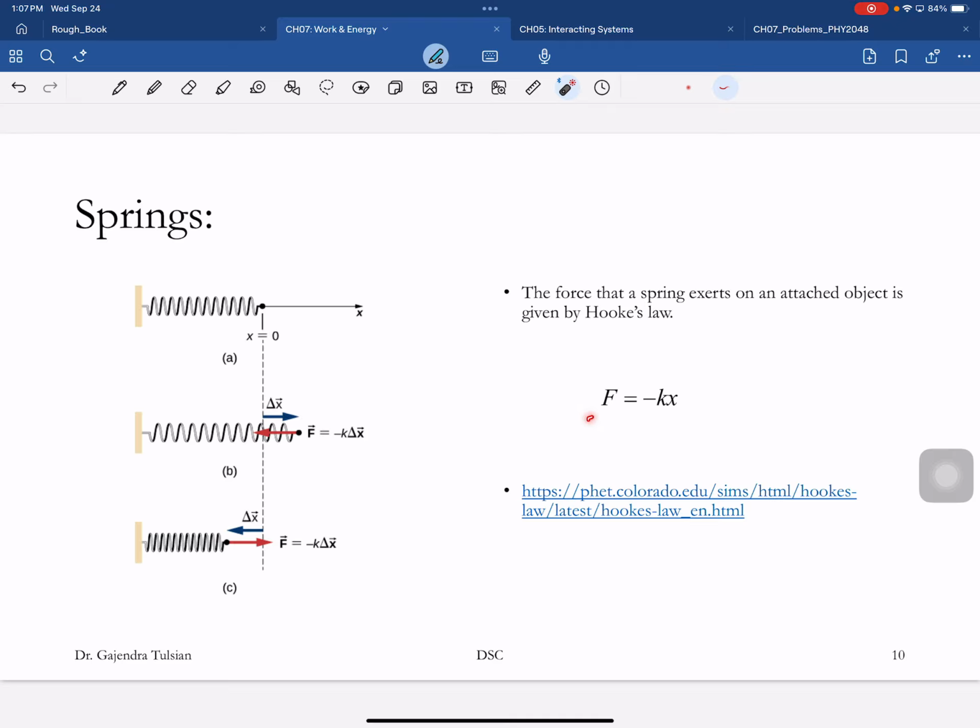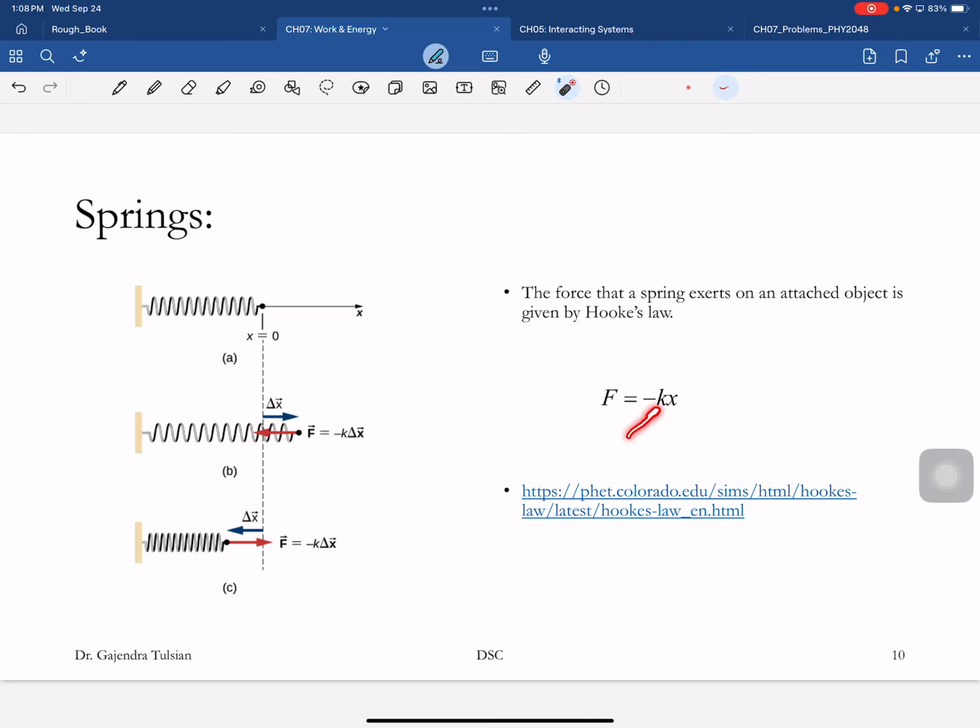The force on the object is minus kx, where x is the displacement. If x is positive, the force is in the negative direction. If x is negative, the force ends up being in the positive direction. K is called the spring constant, and it tells you how stiff the spring is.